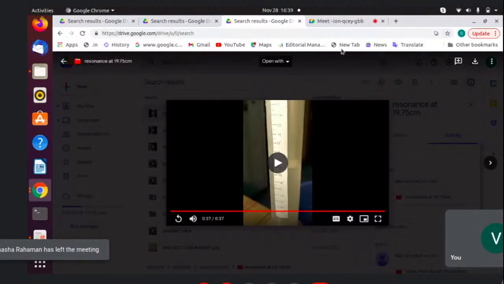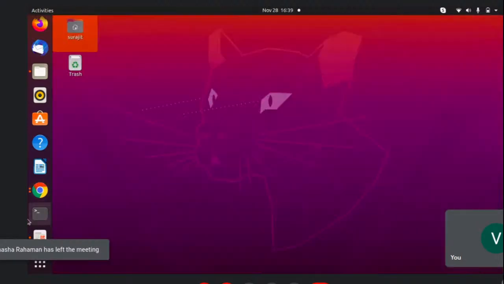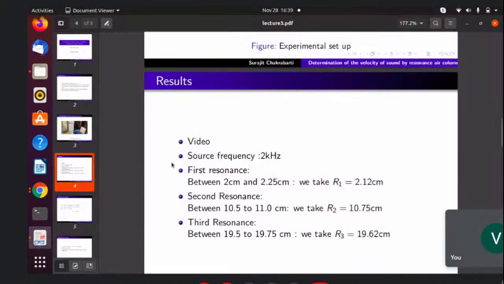Now you have 3 positions of resonance, lambda 1, lambda 2, lambda 3, that I will show here in my presentation. So I had the frequency of 2 kilohertz. Okay, so what was the necessity of taking this high frequency? That is because I wanted 3 resonance positions, so that the maximum will be 5 lambda by 4.